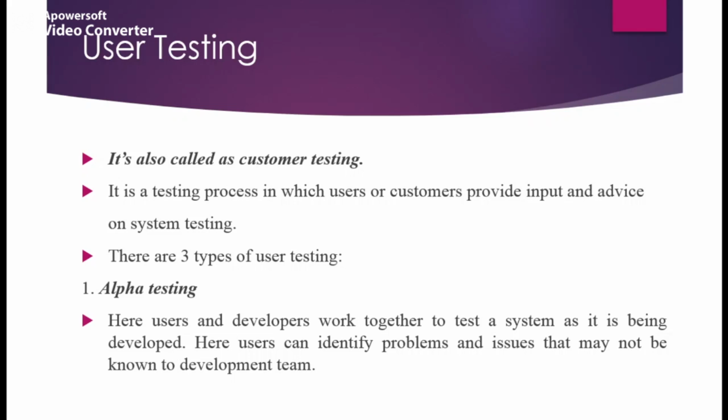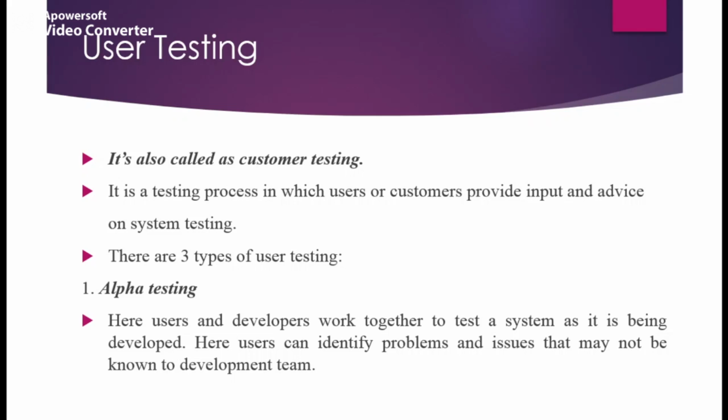Here the developers as well as the users, who are nothing but customers because it is the customer who has put forward this contract, are expecting a system that meets their requirements. So they need to first test their system. They want to see whether their system will work exactly how they require.